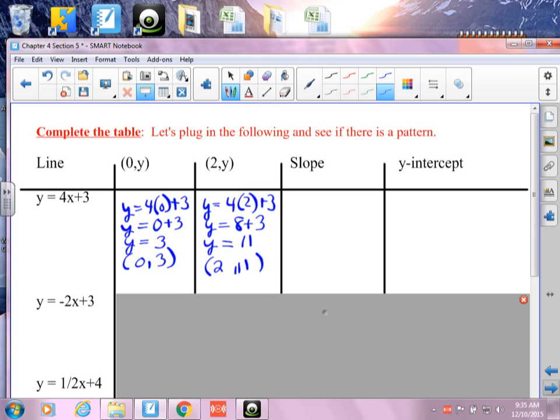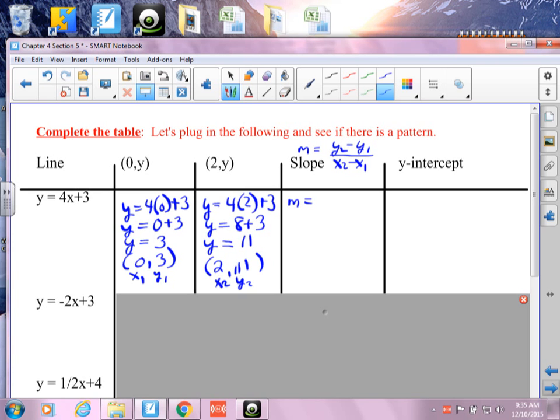Okay? So now I'm going to do the slope of this. I'm going to take my x1, y1, x2, y2, right? And I'm going to go m equals, and remember my slope formula, and I'm going to put it up here just for space purposes: y2 minus y1 over x2 minus x1.